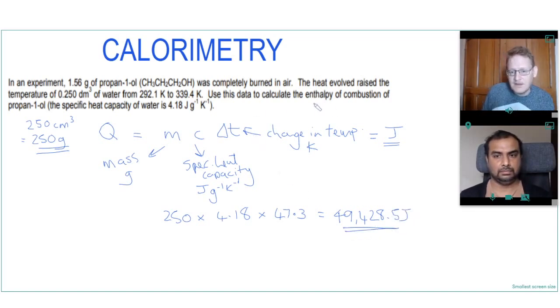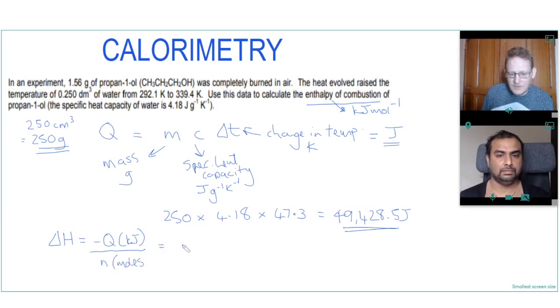But we've been asked to calculate not the energy given out, the enthalpy of combustion. And we know enthalpy change is kilojoules per mole. So our enthalpy change can be written as minus Q, but in kilojoules, divided by the number of moles.